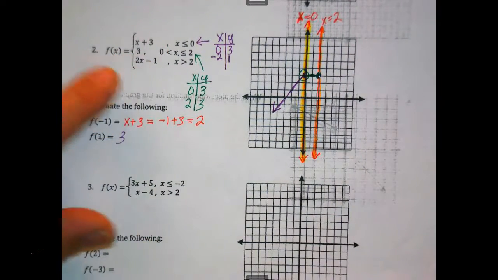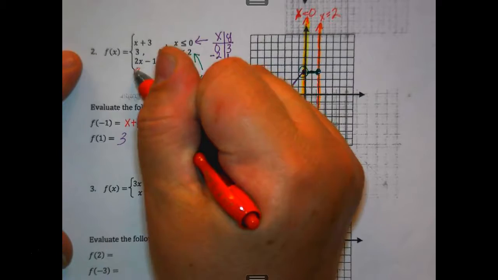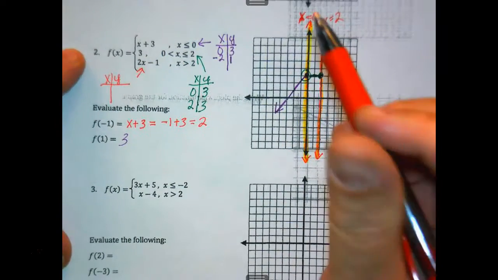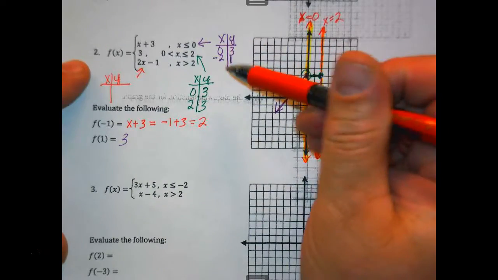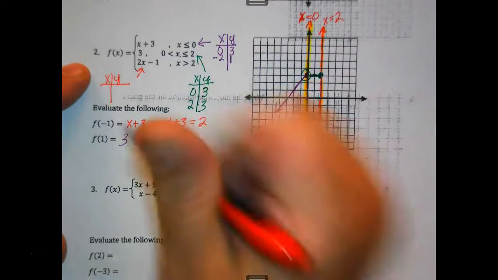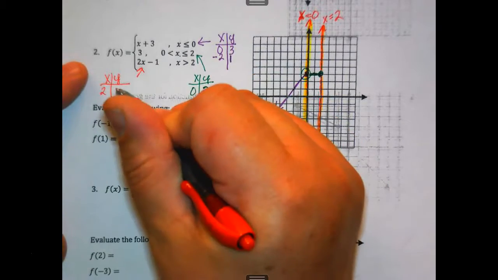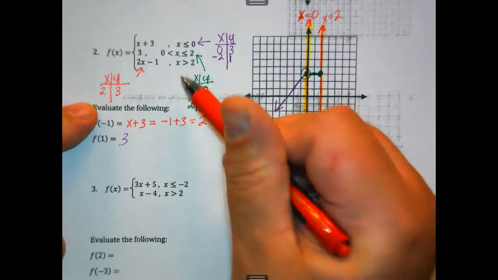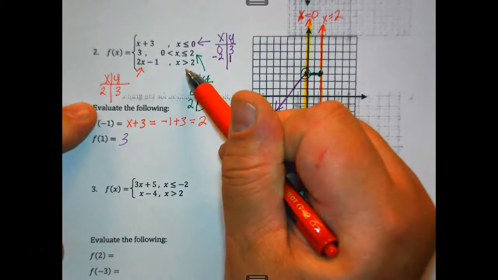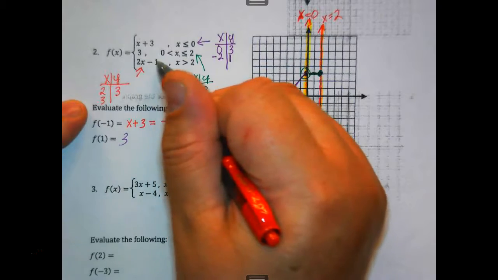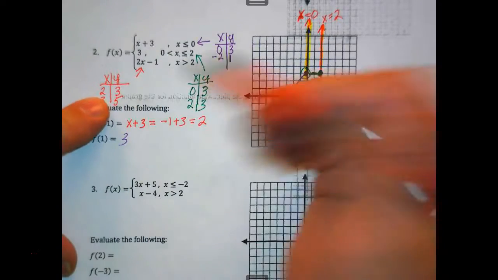And then the last one, need a T-chart for that. I have to use 2. 2 times 2 is 4, minus 1 is 3, and a number greater than 2, 3. 3 times 2 is 6, minus 1 is 5.